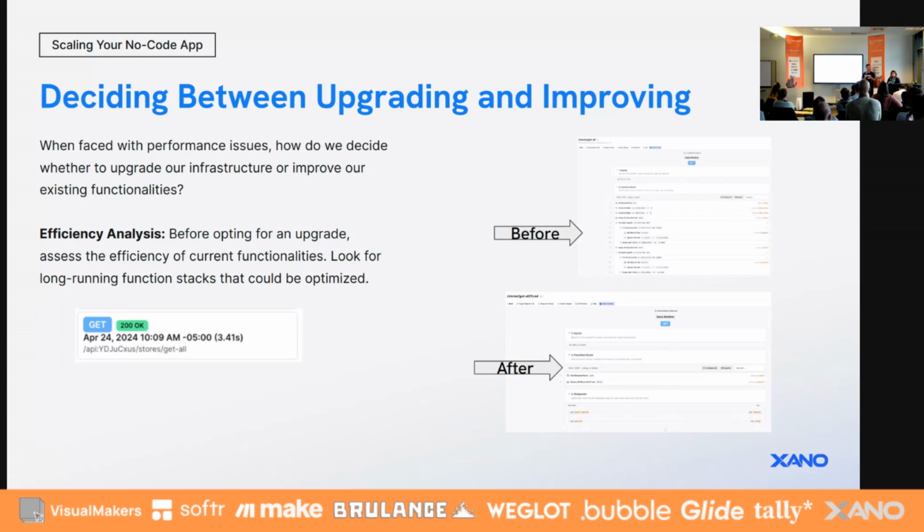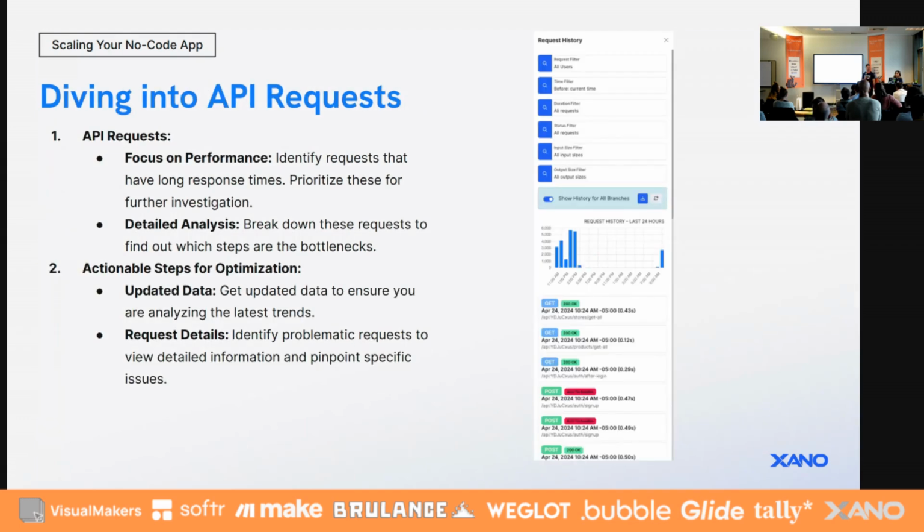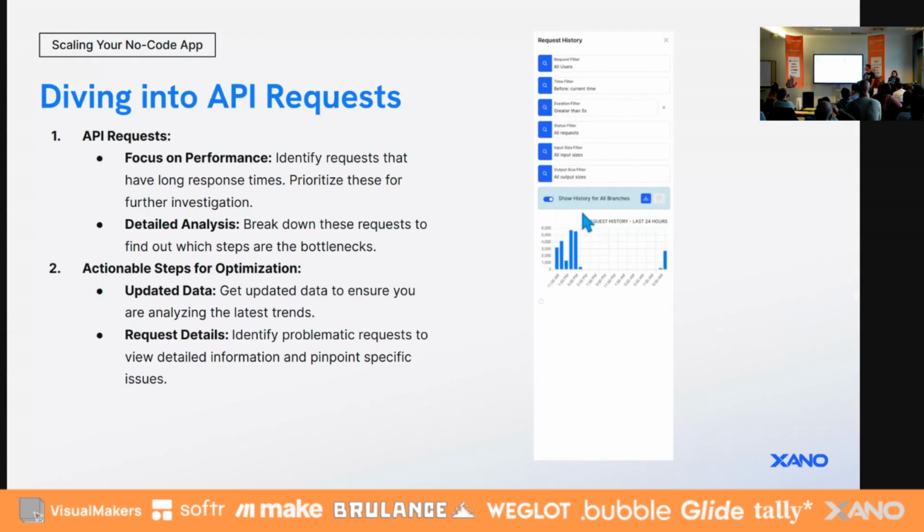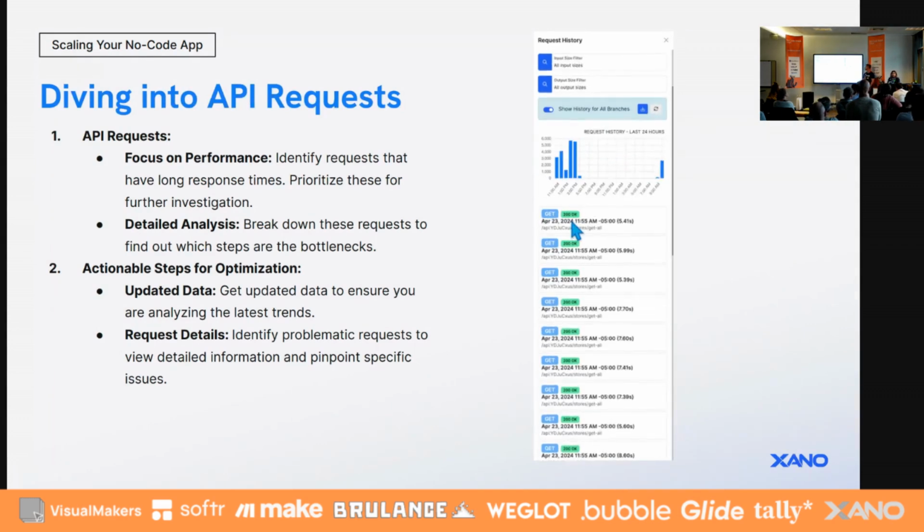Should we upgrade our resources, or is there potential to optimize our app's functionality? One important factor when making that decision is to analyze response times of our APIs and our functions in Xano. Absolutely. Optimizing API requests is going to be crucial for improving your application's performance.